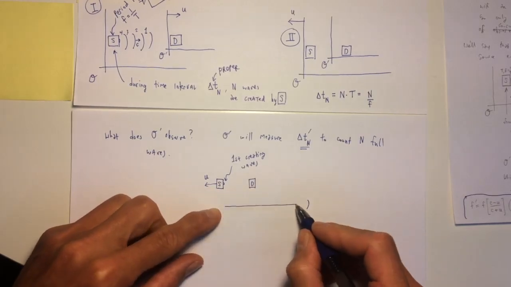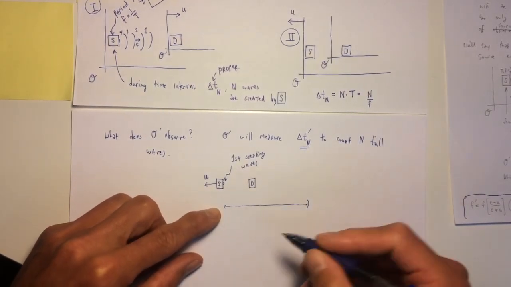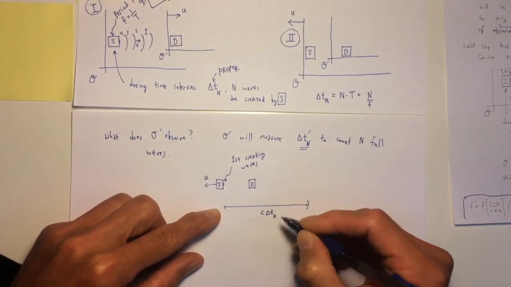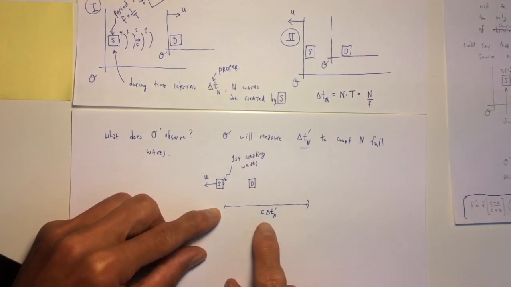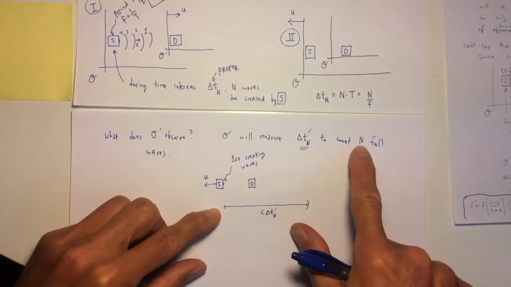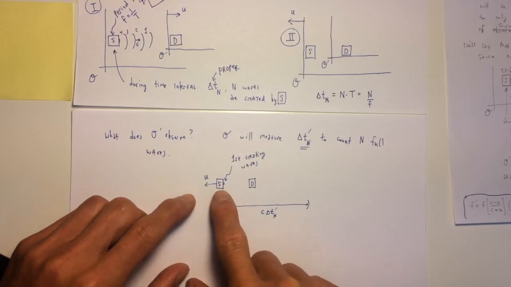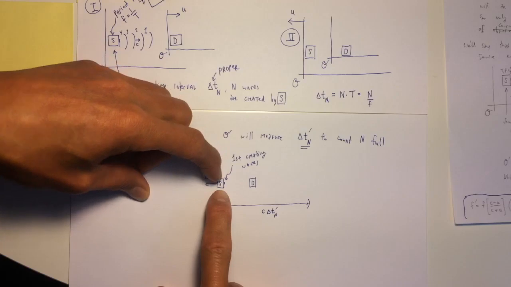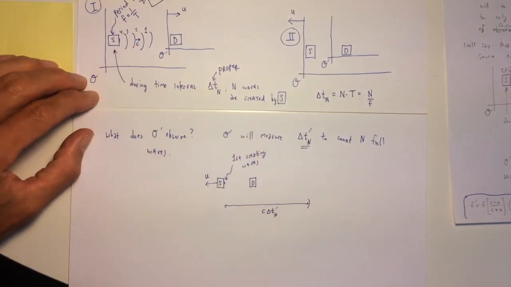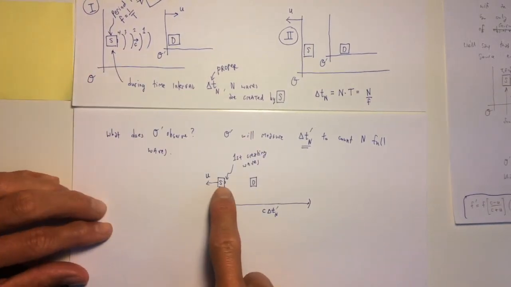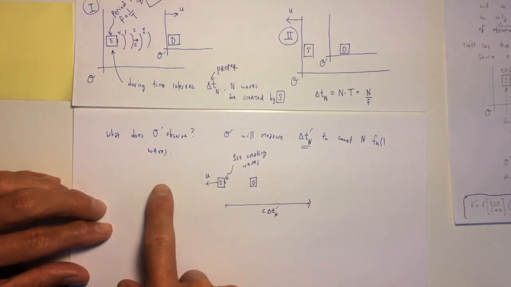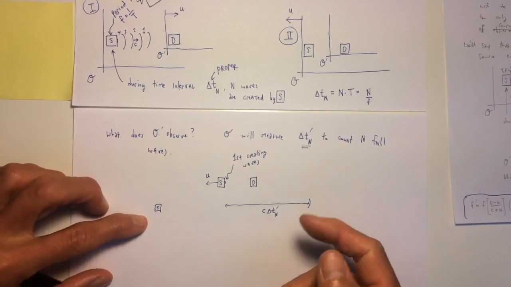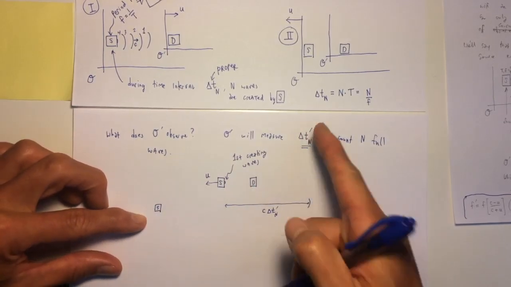So this distance right here is the speed of light times that time interval to count n full wavelengths. But by the time it finishes creating all 4 of those waves, for example, this thing will have moved back to here. So here is the location of the source at the end of the delta t sub n prime.